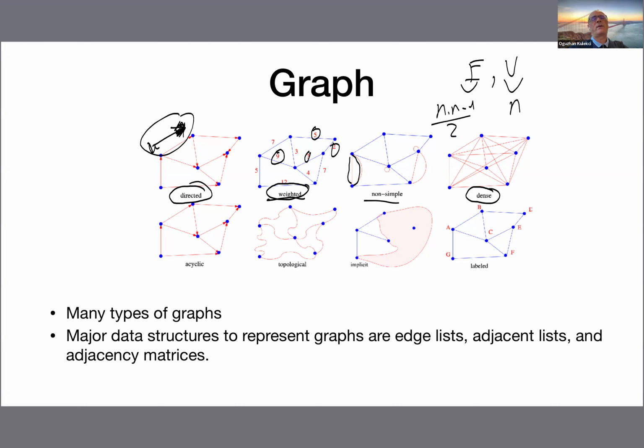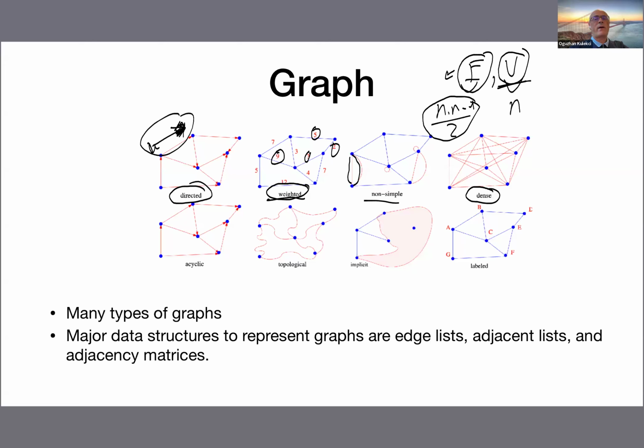Every vertex might be connected to all others, so that will create that many edges. That means the number of edges compared to the vertices might be dominant. It might be quadratically more than the number of vertices.